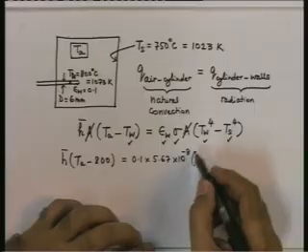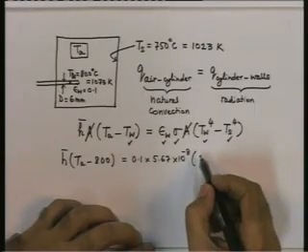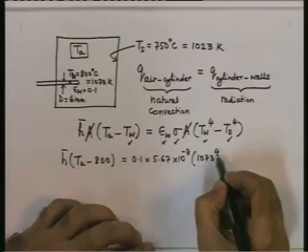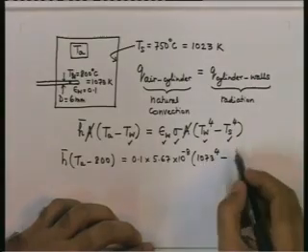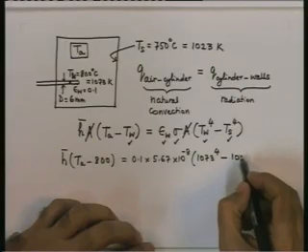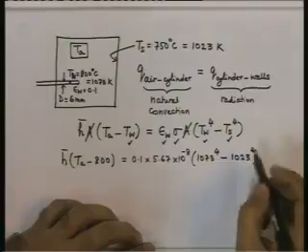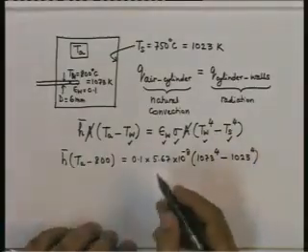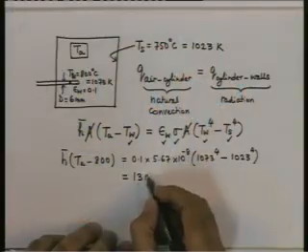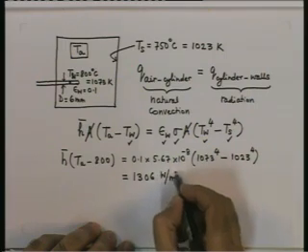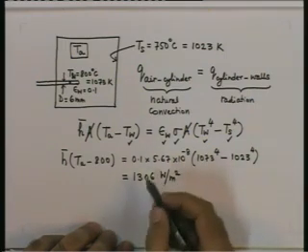Wall temperature would be 800 degrees C, that is 1073 K raised to 4, minus surface temperature 1023 raised to 4. Calculating the right hand side turns out to be 1306 watt per meter squared.